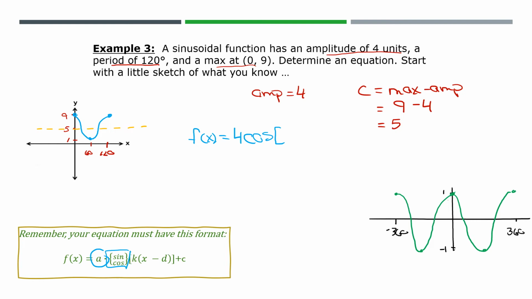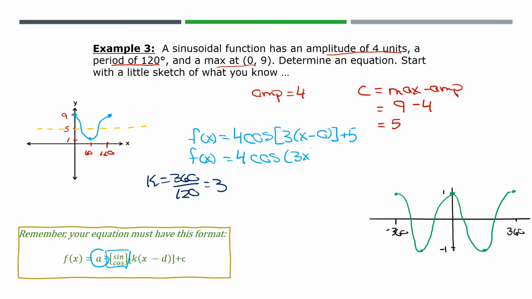So k is 360 divided by the period. The period they told us was 120. So our k value is a 3. So 3 goes in for k, x minus our d value is a 0, and our c value is a 5. Or making that look a little more presentable, we have 4 cos 3x plus 5.